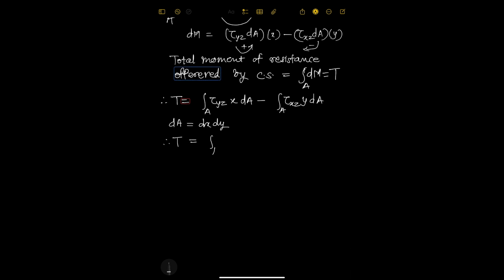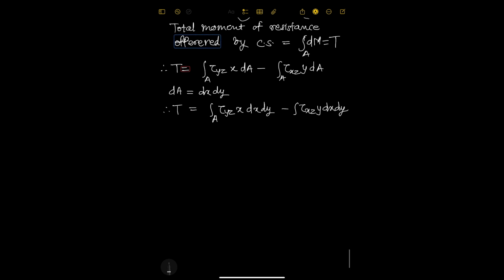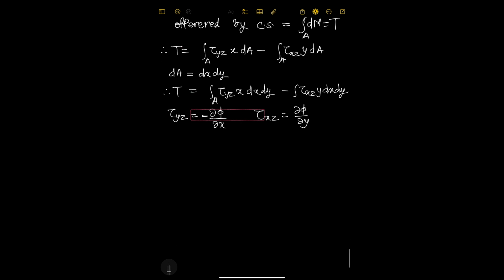Therefore T is equal to the integral over area A of tau yz x dx dy minus tau xz y dx dy, and tau yz is equal to minus dou phi by dou x, and tau xz is equal to dou phi by dou y.